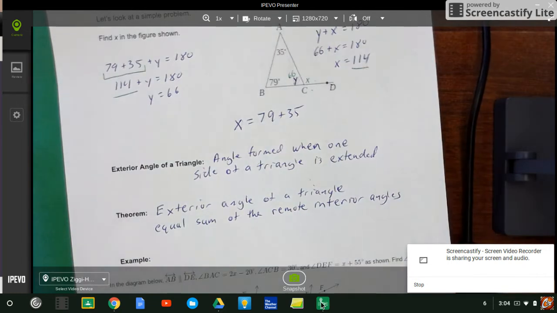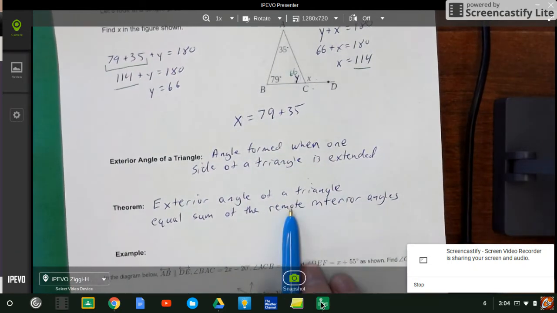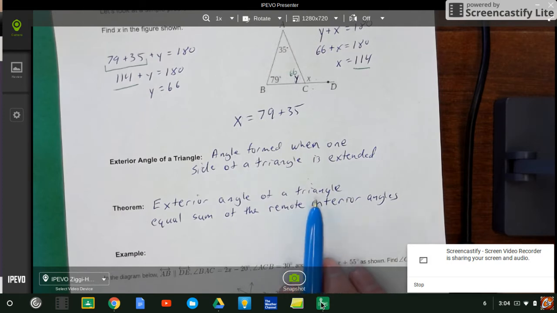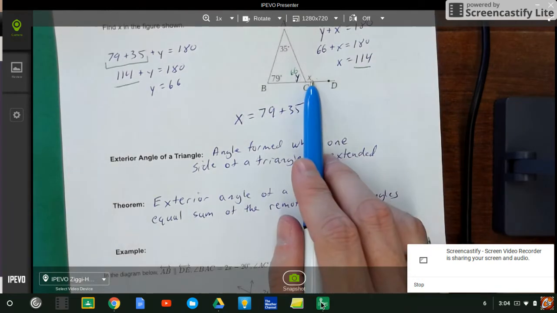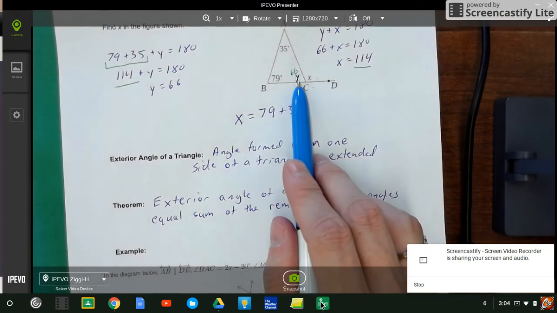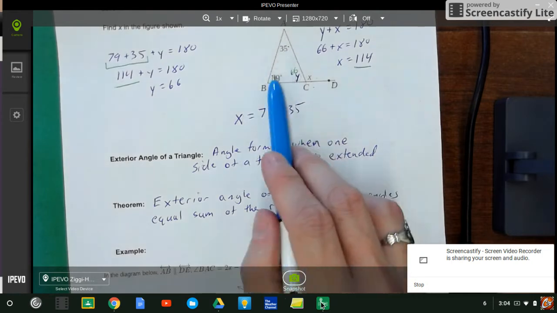Now, remote, that's something a lot of people have a hard time with. If you think about remote, it's something that's far away. I control my remote television from far away. So when we talk about the remote angles, if this is my exterior angle, this one's adjacent. So the remote ones are the far away.